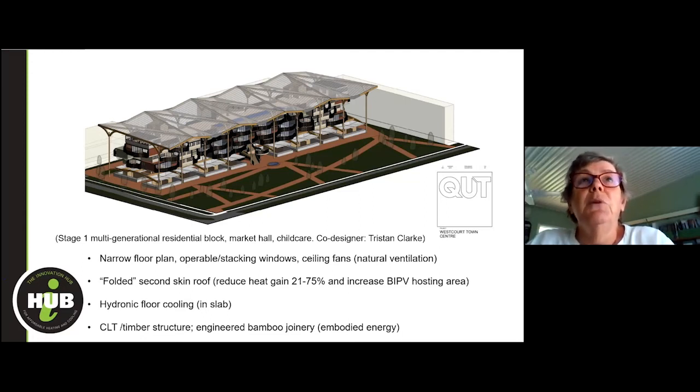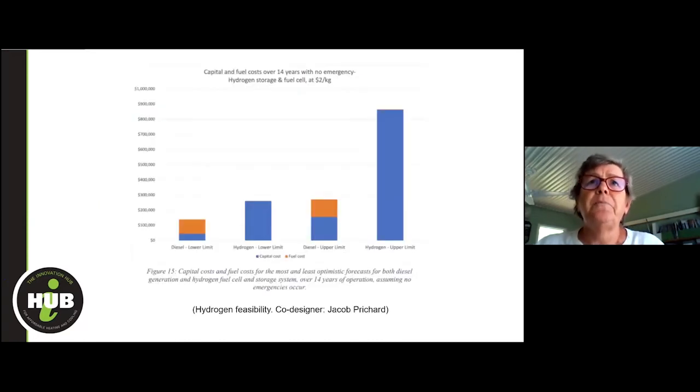Two of the construction management students were providing advice on embodied energy and the materials suited for these particular climates. One of the electrical engineering students was looking at the feasibility of hydrogen into the future, because Twiggy Forest has announced some hydrogen projects in Queensland, and all aged care facilities are required to have backup generators of some sort.